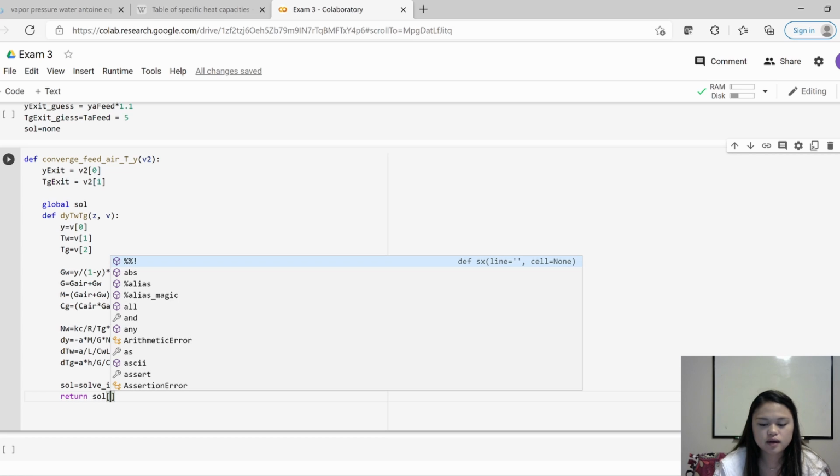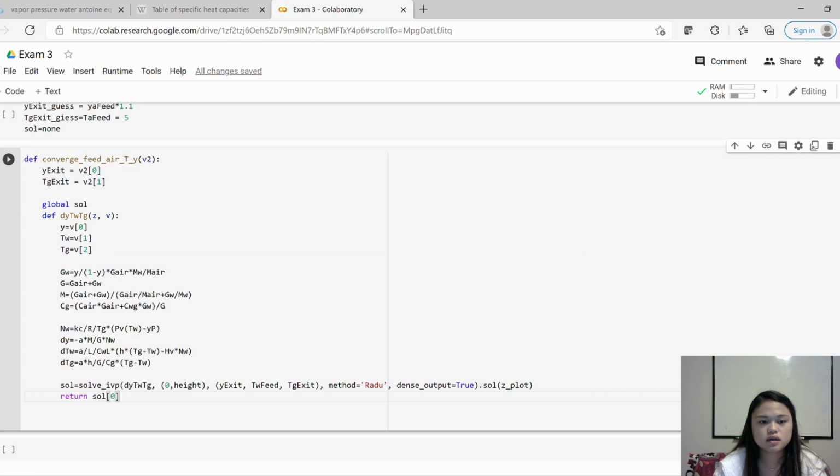So now I want that first thing in the array, or the first row, and then I want the last element. And then I'm going to subtract that by the feed, the mole fraction in the feed. And then I want to look at the temperature of the gas.